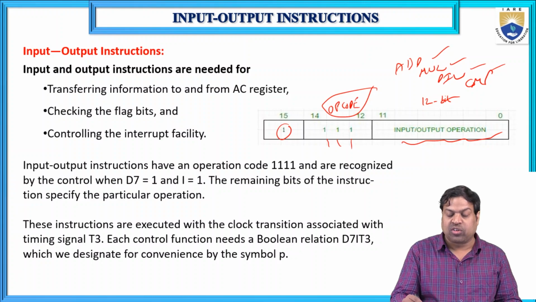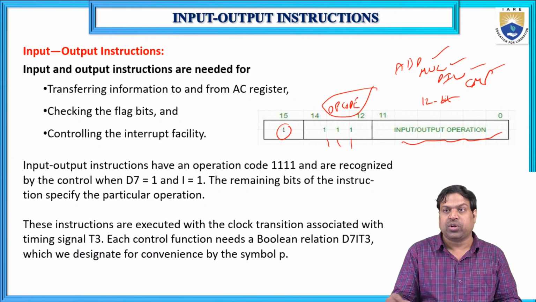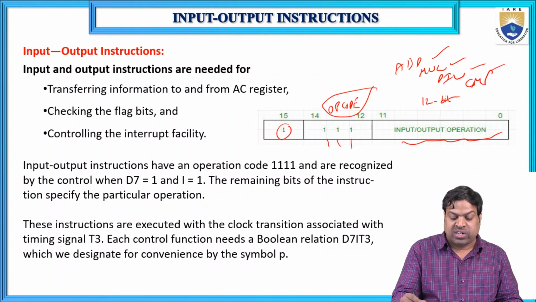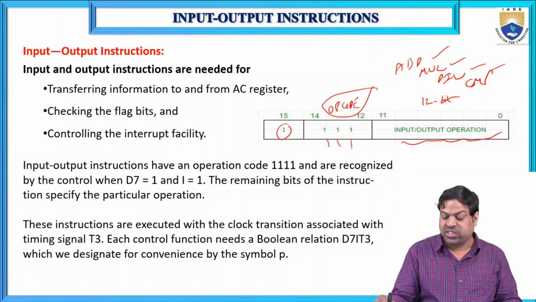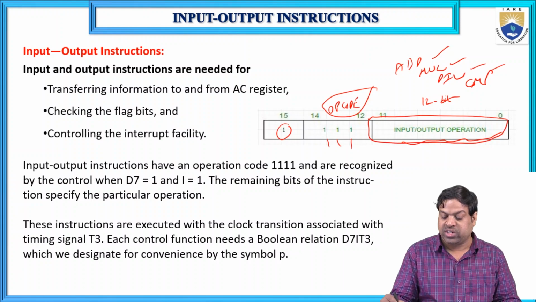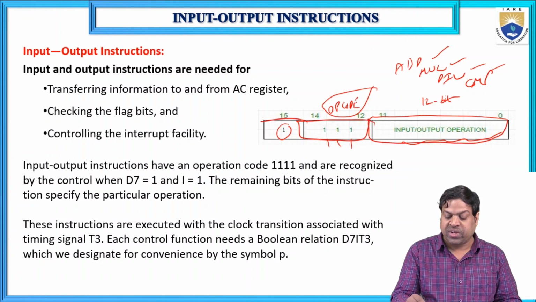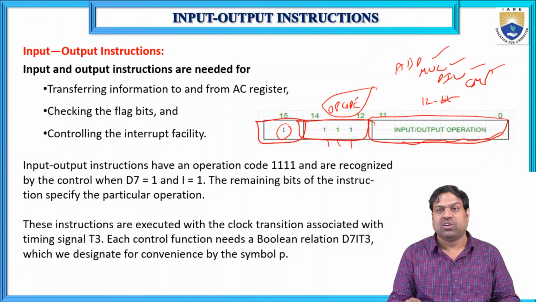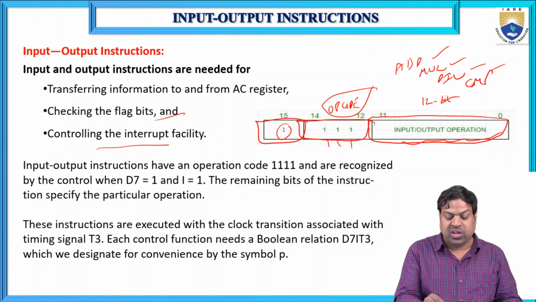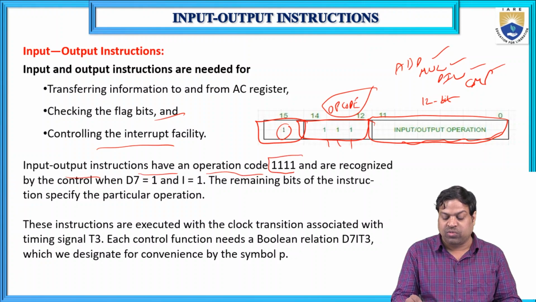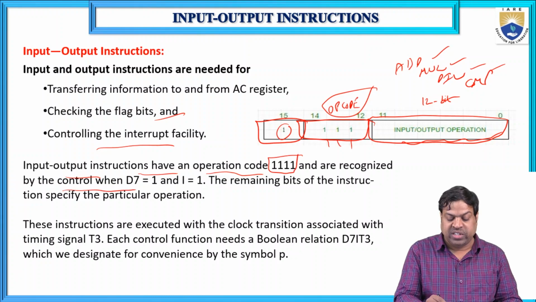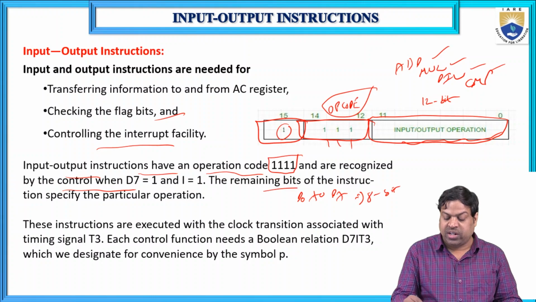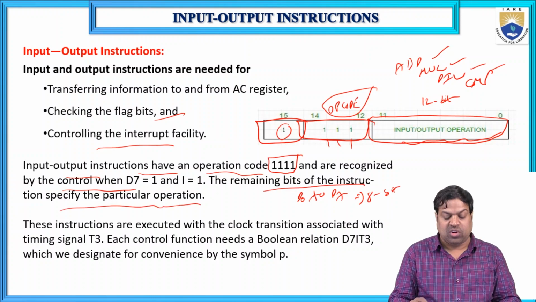So it is I equal to 1 or I equal to 0, depending on your input and output operation. So information is transferred from the accumulator register, that is what you are taking as input and output. And what opcode you are using, and what the flag means, whether I equal to 0 or I equal to 1. So checking the flag bit and controlling the interrupt facility. Input output instructions have the operation code 1111 and are recognized by D7, and the remaining bits of the instruction specify the particular operation.